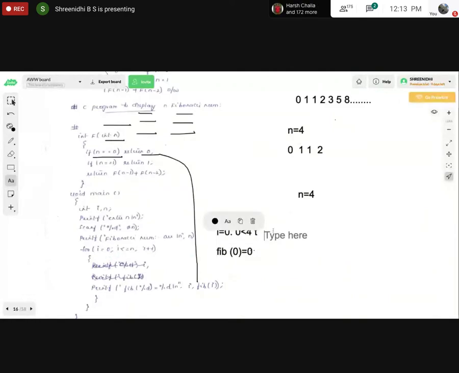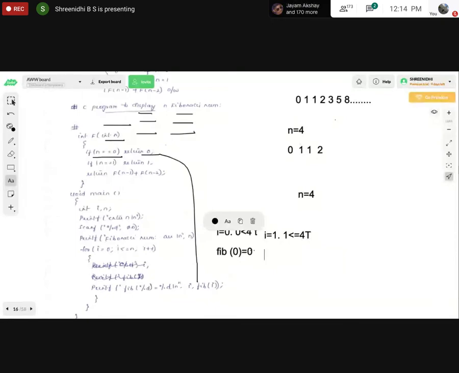Second time, when i is equal to 1, what happens? 1 is less than or equal to 4, true.